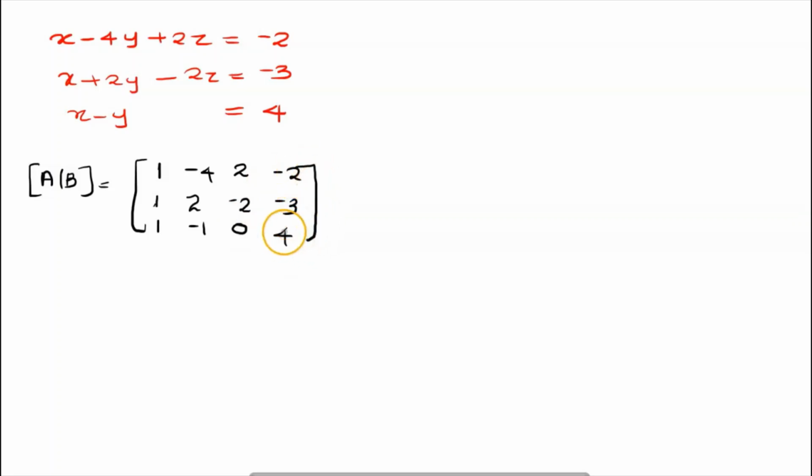So in order to find the solution or see whether the system is consistent or inconsistent, we use the augmented matrix and we reduce it. I want to make this 0 and this 0. So R1 has no change.